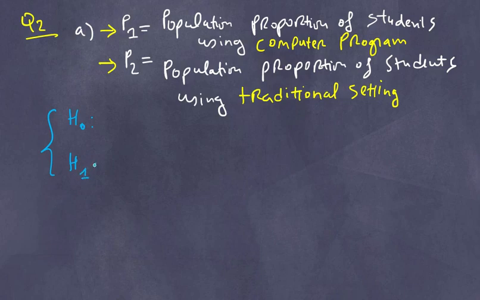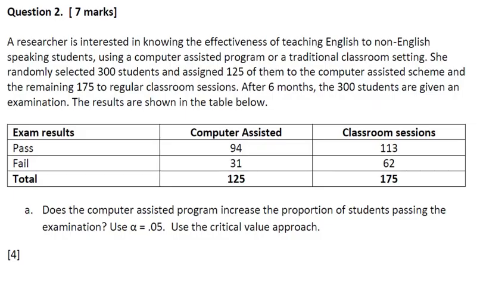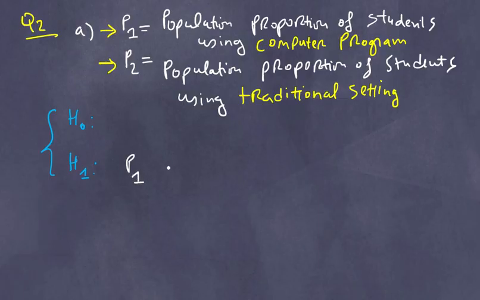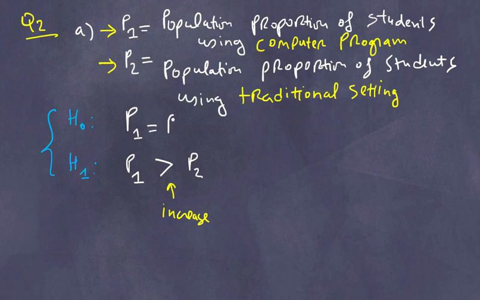Let's state H0 and H1. We want to know if the computer program increases the proportion of students. In H1, P1 is greater than P2. Greater means increase, bigger, more. Under H0, the 2 proportions are equal.